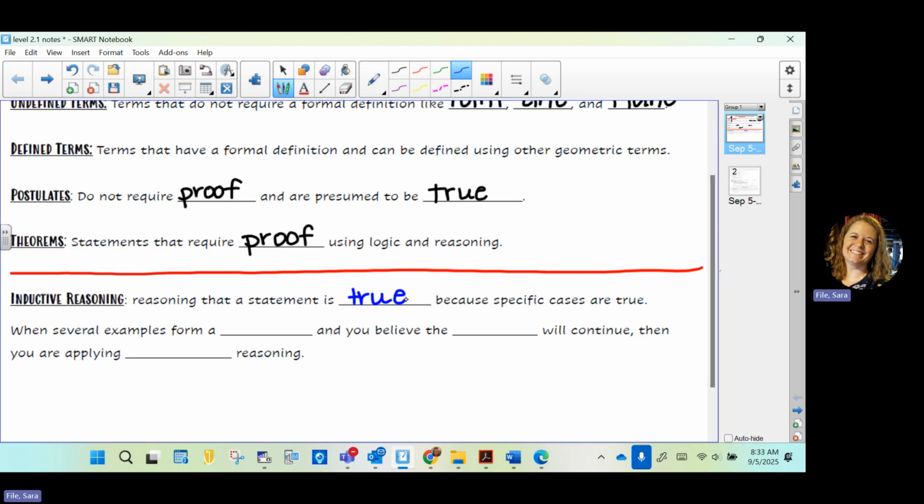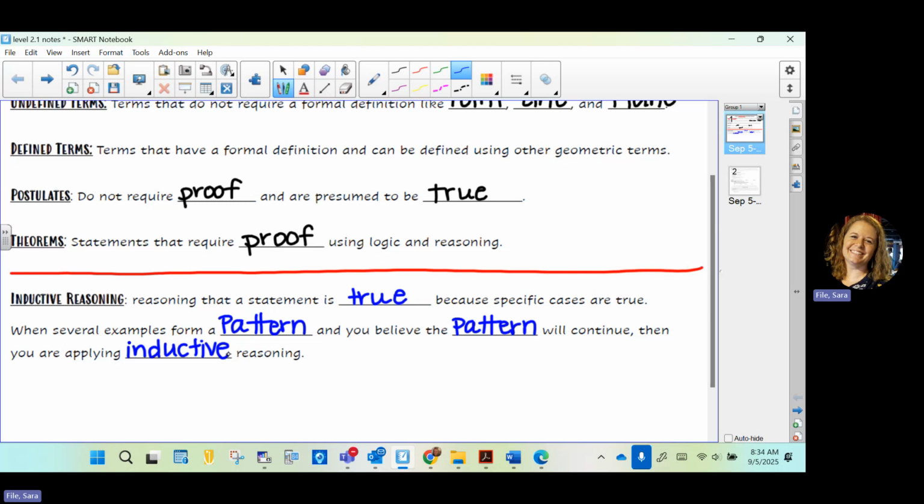So when several examples form a pattern and you believe the pattern will continue, then you are applying inductive reasoning. So pattern recognition is inductive reasoning.